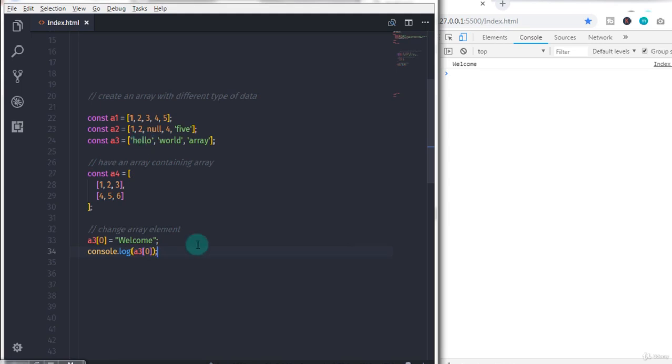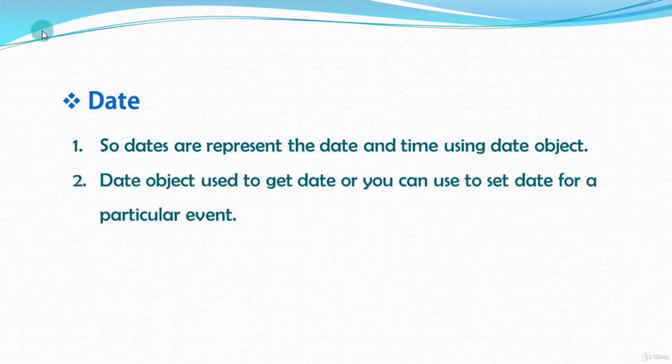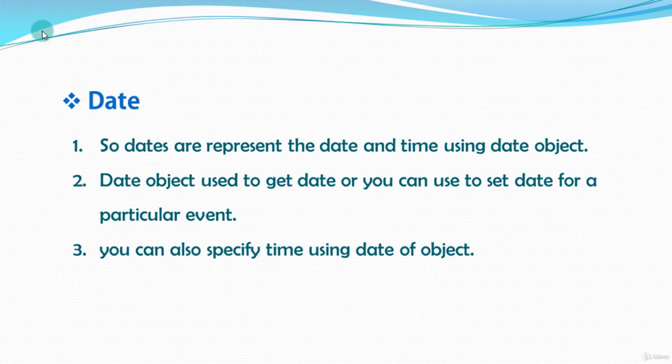Now let's talk about the new topic, date. Date represents the date and time using the date object. The date object is used to get a date, or you can use it to set a date for a particular event, and you can also specify time using the date object.